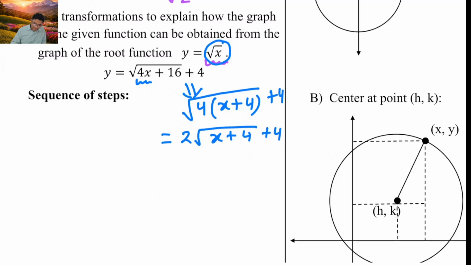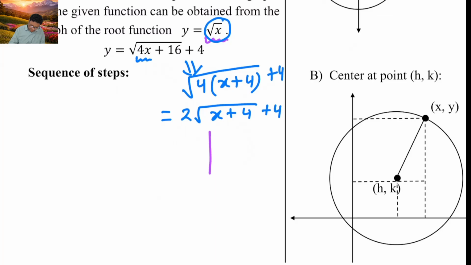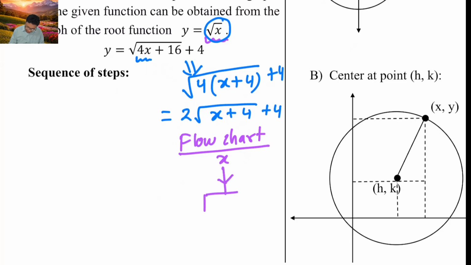So imagine like your input, the first machine, your input is x. Let me write here, flowchart. x was fed into this machine. What did this machine produce?